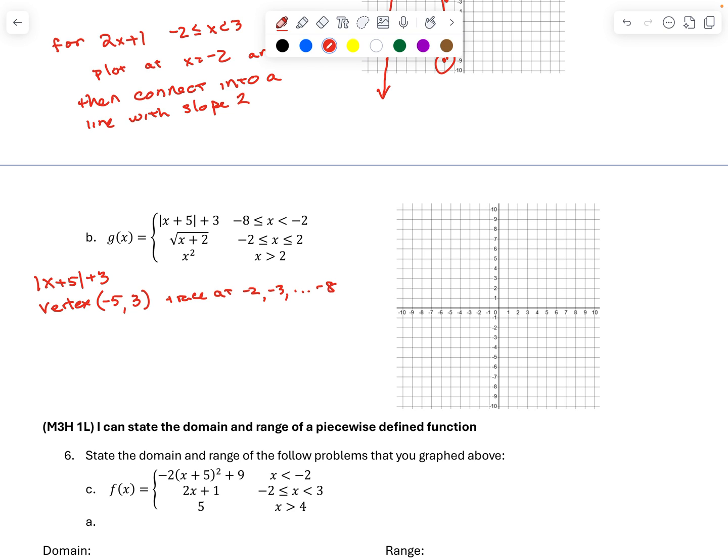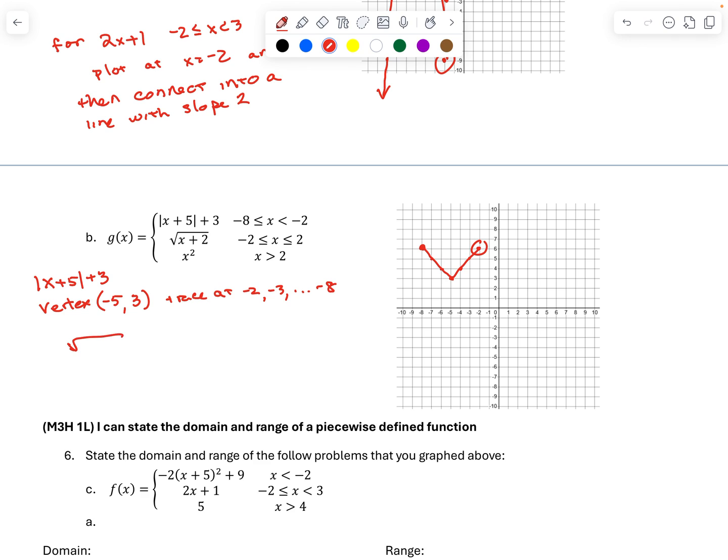Okay, so -5, 3, I traced already. You make sure that you stop at -8 and stop at -2. Open circle at -2. Okay.